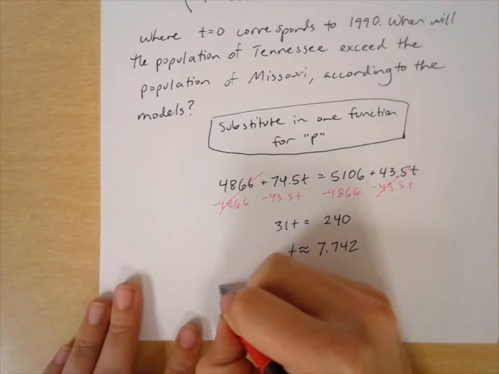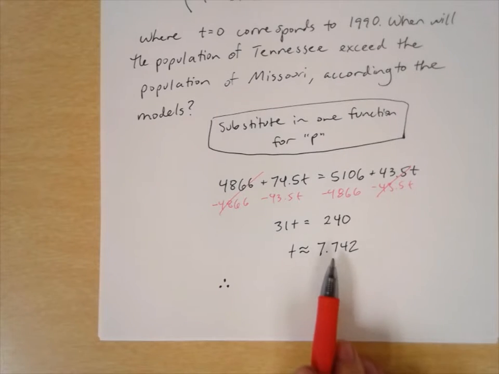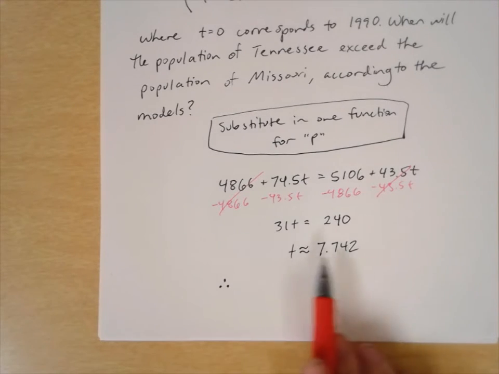We're going to do like a little dot, dot, dot, and we're going to say t equals 0 corresponds to 1990, correct? So if 1990 is when t equals 0, when t equals 7, that must be the year 1997. And we're bigger than just 7, we're 7.742.